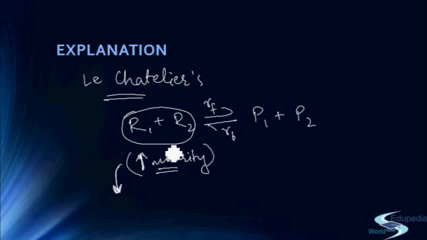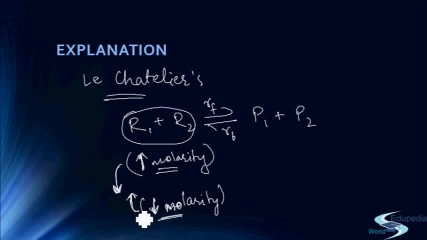Or otherwise you can also say, what if I decrease the molarity? If I decrease the concentration of reactants, the system will again try to counteract this change applied by me. I have disturbed the equilibrium in such a way that I have decreased the amount of reactants, so the system will try to again increase the amount of reactants.